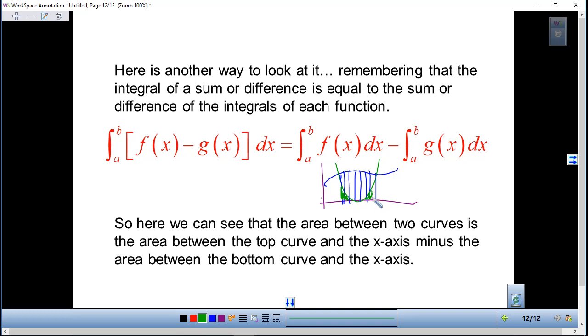Well, if you take that area that I just colored green away from it, what do you end up with? Only the area between the two. So that's what you're seeing here. All right, that's it.